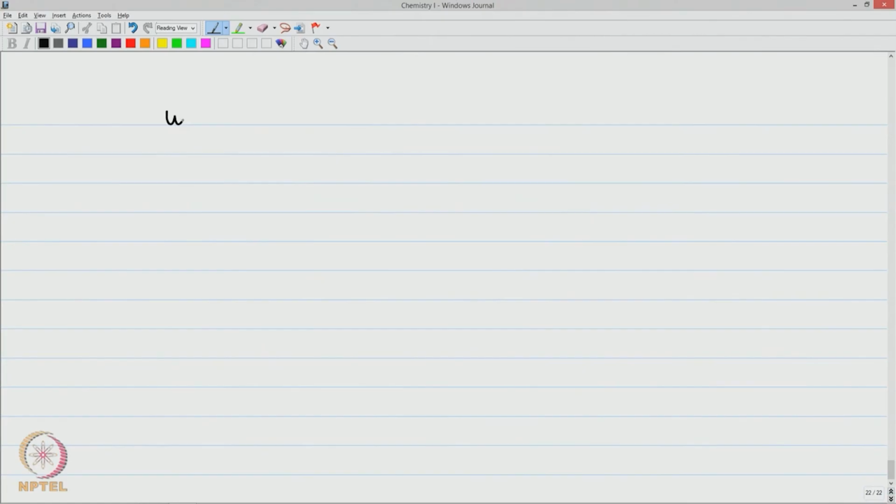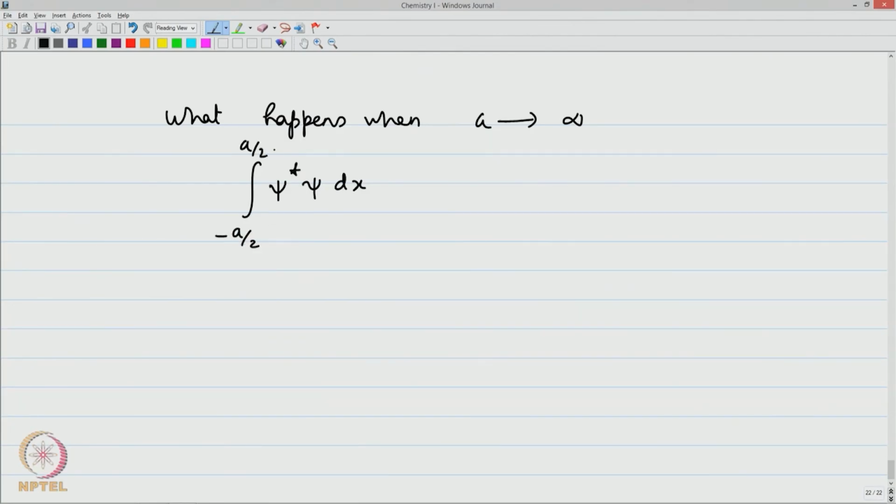What happens when we take the limit a tending to infinity? We can see that psi star psi dx from minus a by 2 to plus a by 2 gives you 1 by a times the integral of dx from minus a by 2 to plus a by 2. Now, you want to take the limit a tending to infinity.